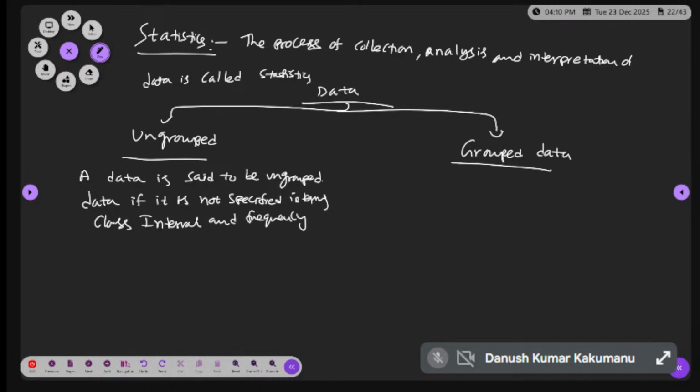A data is said to be ungrouped data if it is not specified in terms of class interval and frequency.